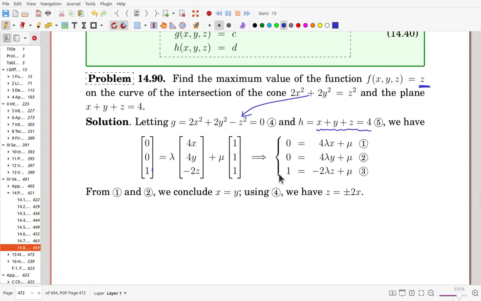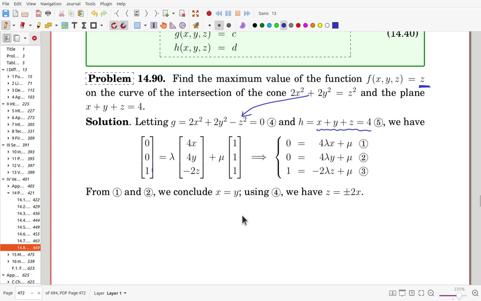Now, we try to match the similarity. Here again, we can easily see that lambda and mu cannot be 0. Then, the first two equations have the same form, 4 lambda, 4 lambda, and the remaining part, x and y, must be the same.